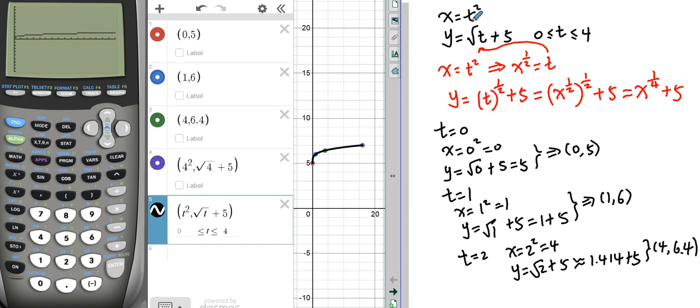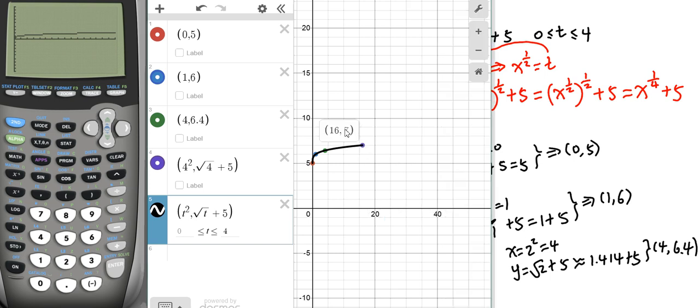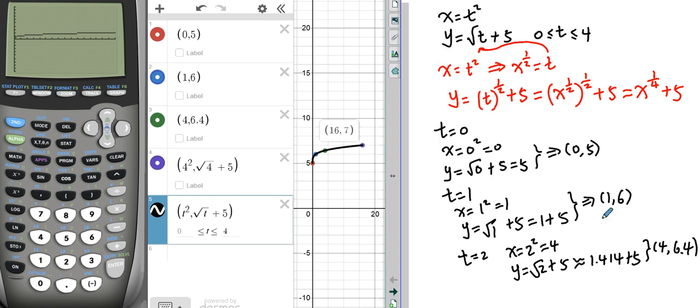So when x is 16, y is 7. Then you connect the 4 points and you have the picture. That's directly getting all the points and then connecting them.